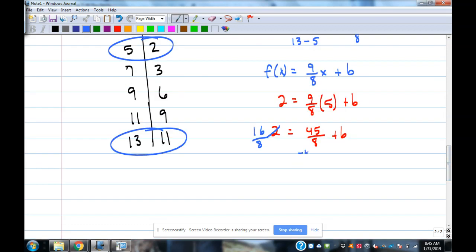Subtract. And that would be, if you took 15 away, it'd be 30. 16 away would be 29. So negative 29 over 8. Got it. What's that close to? Like decimal wise?